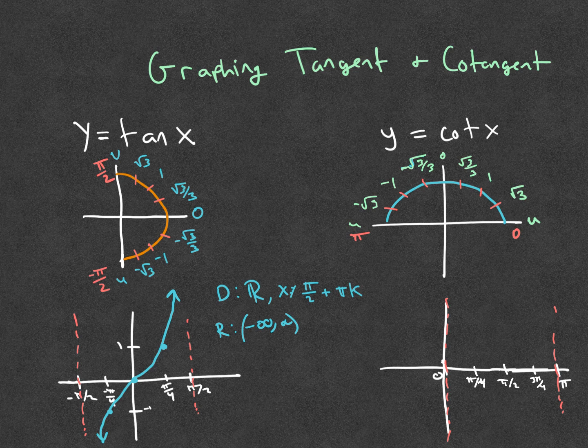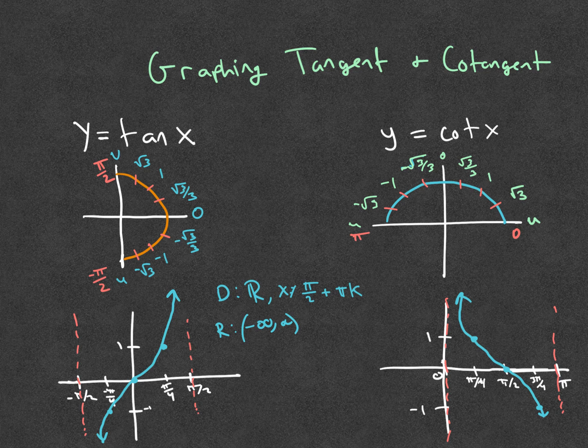At pi over 4, we're at positive 1, so I get this point there. At 3 pi over 4, I'm at negative 1. And so the cotangent graph is decreasing. It looks similar to tangent, but it's mirror imaged and shifted over.